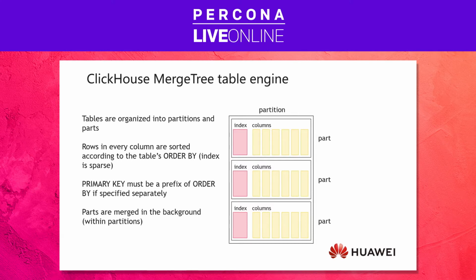So the first row is going to be the first element in every column, and the second is going to be the second element in every column, and so on. And there's an index file on the side, which is a sparse index, which effectively just gives you a fast way to skip parts of the data files that you're not interested in.